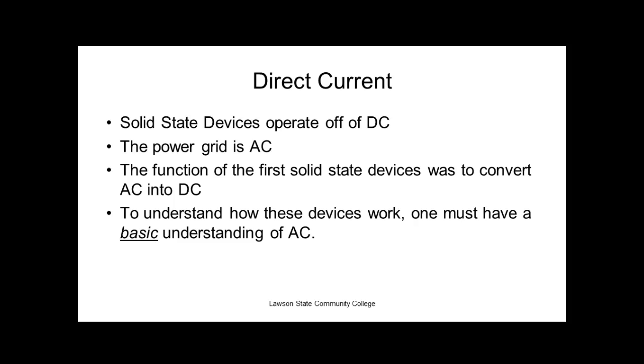Solid state devices operate off of DC, but the power grid is what? AC. And we'll talk about why. The function of the first solid state devices that we're going to cover was figuring out how to convert what? AC to DC. So these are electronic devices right here. So the first thing we're going to do, of course, is figure out basically how these things right here work.